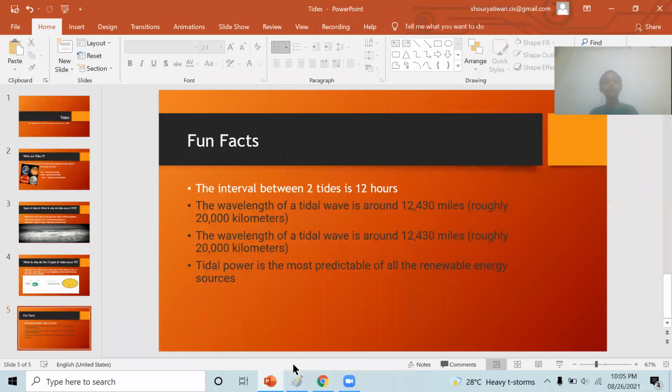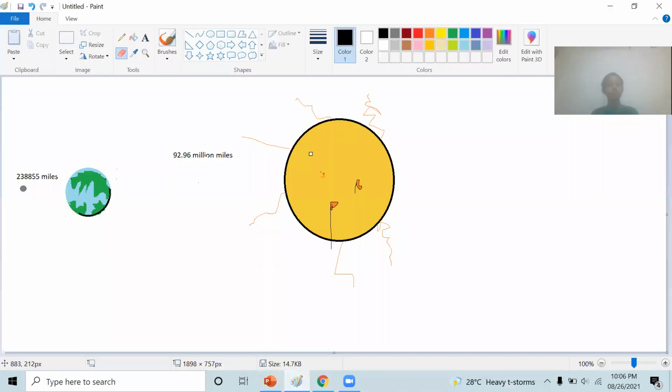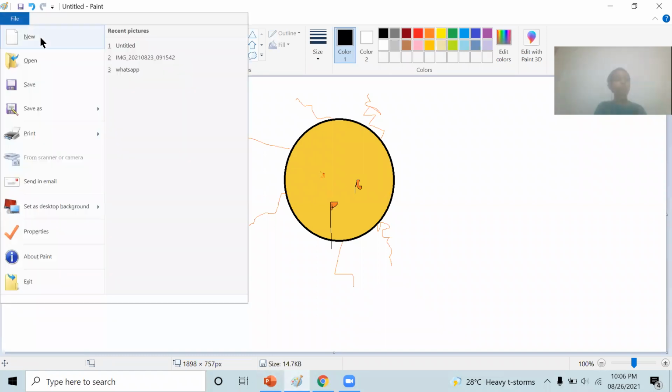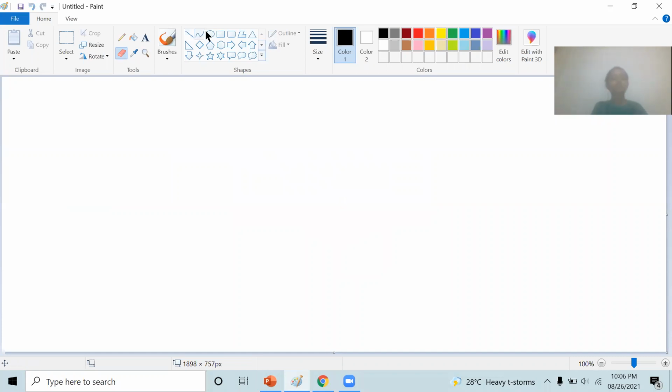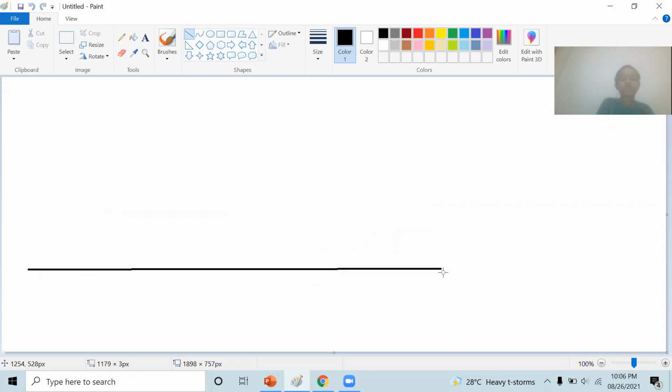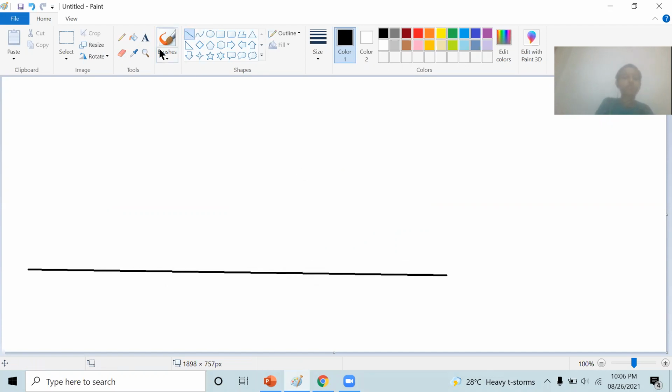So you can see the first one is the interval between two tides is 12 hours. Let's take this line as the base, or the ocean, and let this thing be the water. Now the moon is here, it's night time.